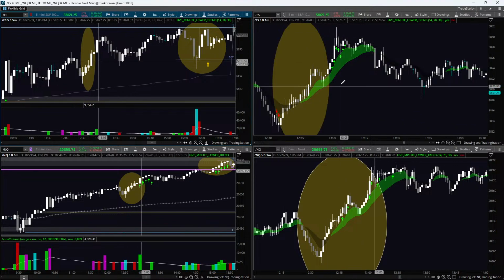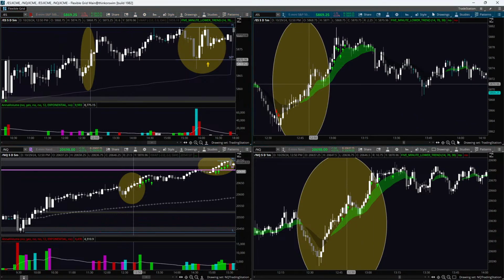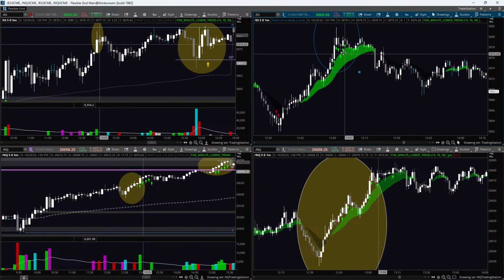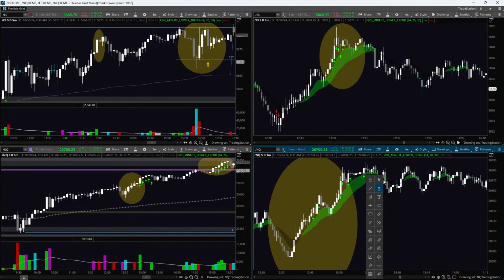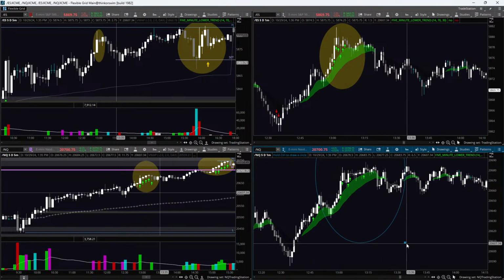Let's see here. Let me zoom out a bit. Let's put these clusters here and look at them from a higher time frame to see how price reacts around these clusters.